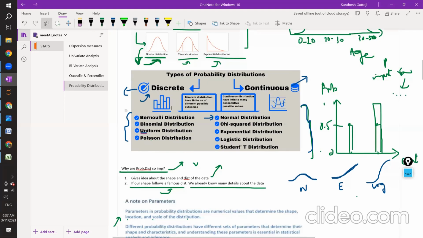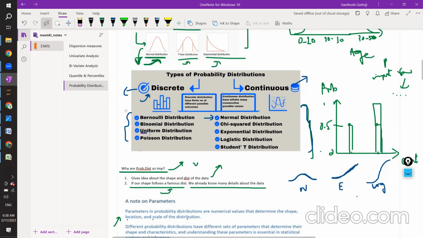Now, as I have shown you in this diagram, in each type of probability distribution, whether it is discrete or continuous, there are some famous distributions. These are not the only distributions, but these are the famous ones. In the continuous case there are some famous PDF functions, and here it will be PMF functions.